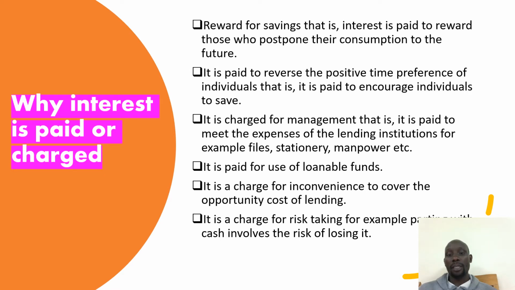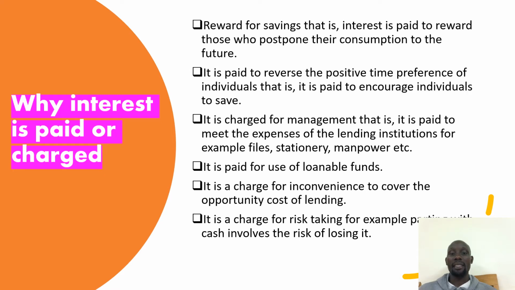So we all know what the opportunity cost is at this level. So the use of money has opportunity cost. For instance, if a financial institution chooses to lend money to an individual, that money would even be used maybe to build a certain commercial building in town where the financial institution can generate income.